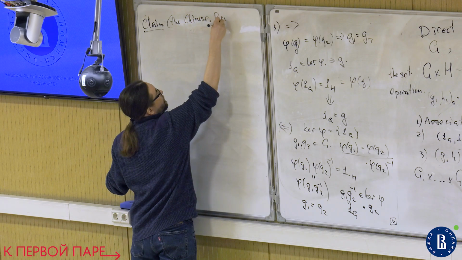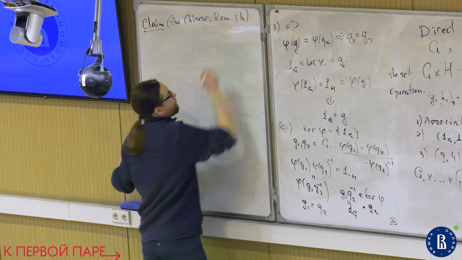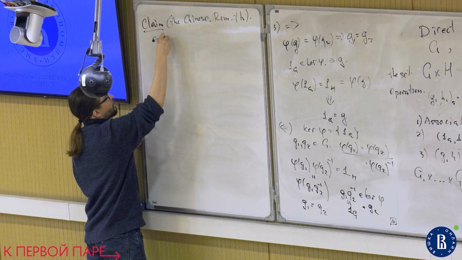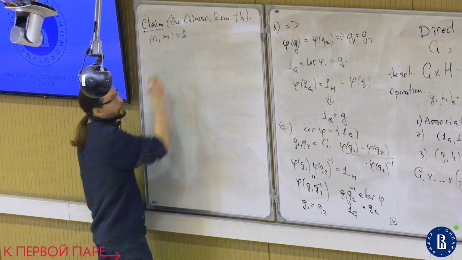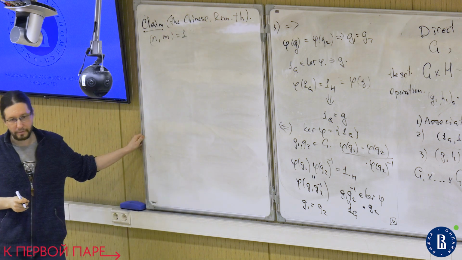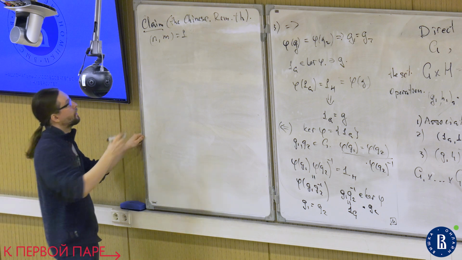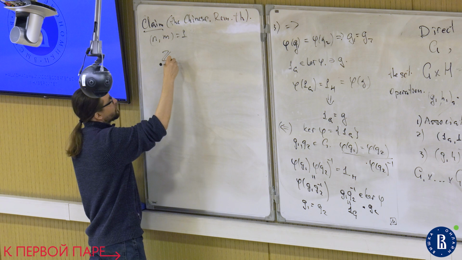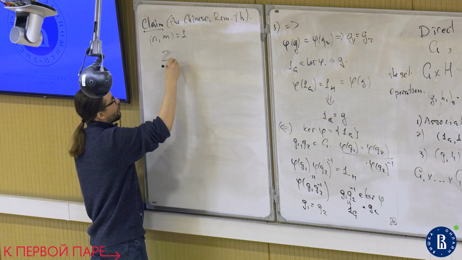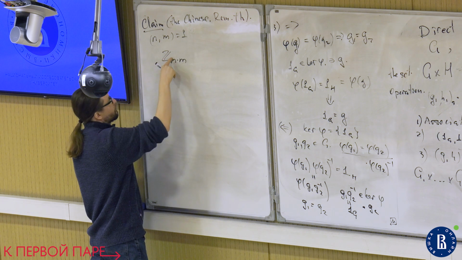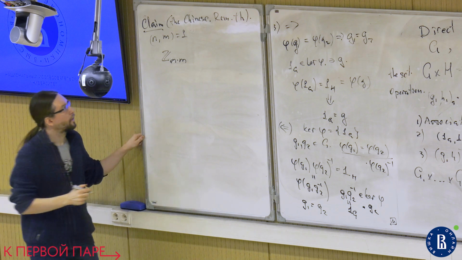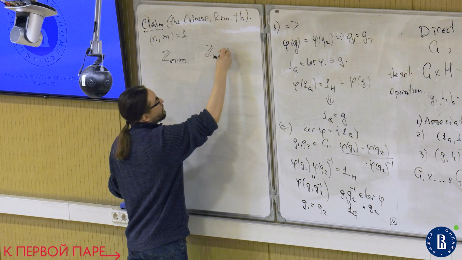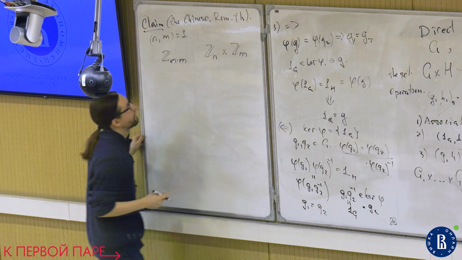Chinese remainder theorem. Suppose we're given two positive integer numbers n and m, and they are coprime. Then we have a group of remainders modulo n times m, Z_{nm}, and we can produce the product Z_n times Z_m.